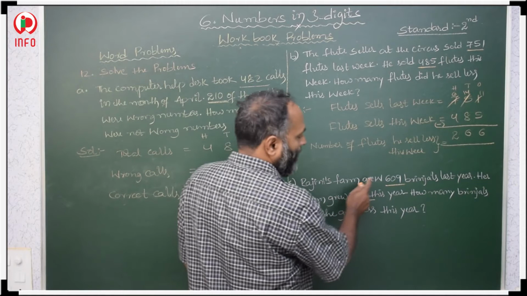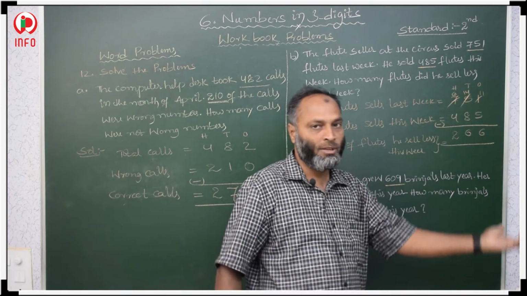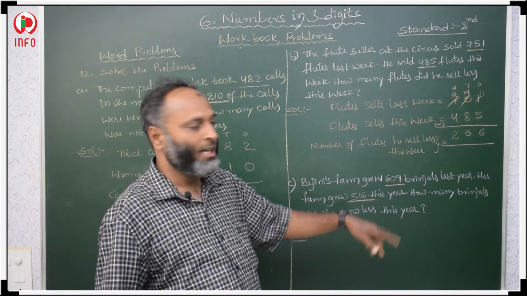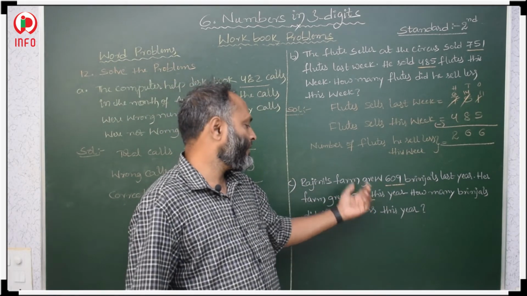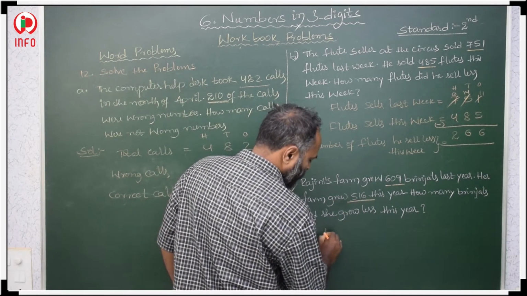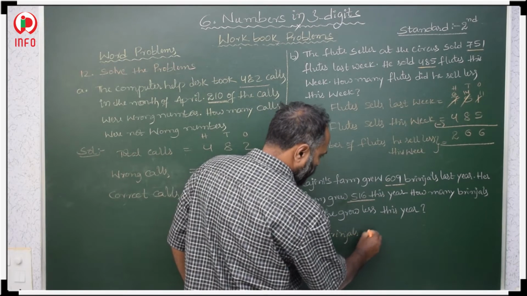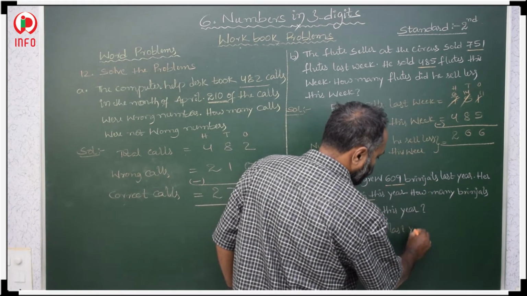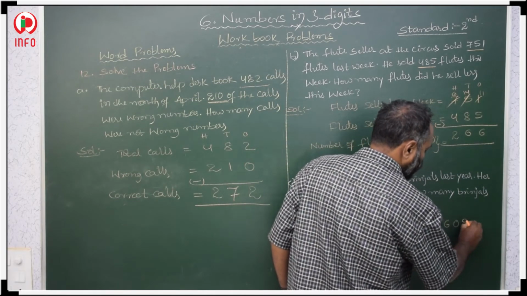Now here, Rajini's farm gave 609 brinjals last year. This many brinjals. So gave this many brinjals this year. Last year 609. This year 516. This year she gave fewer brinjals. Brinjals given last year: how many? 609.